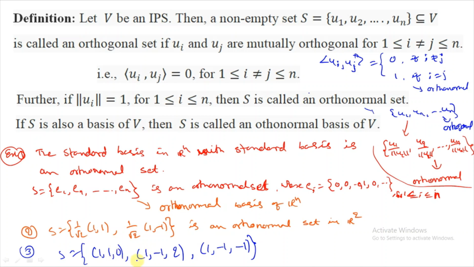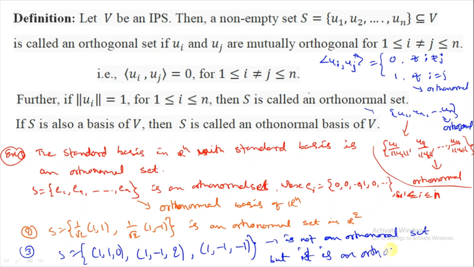Is it orthonormal? No, it's not orthonormal, because the length of the first vector is root 2, the length of the second vector is root 6, and the length of the third vector is root 3. It is not an orthonormal set, but it is an orthogonal set.